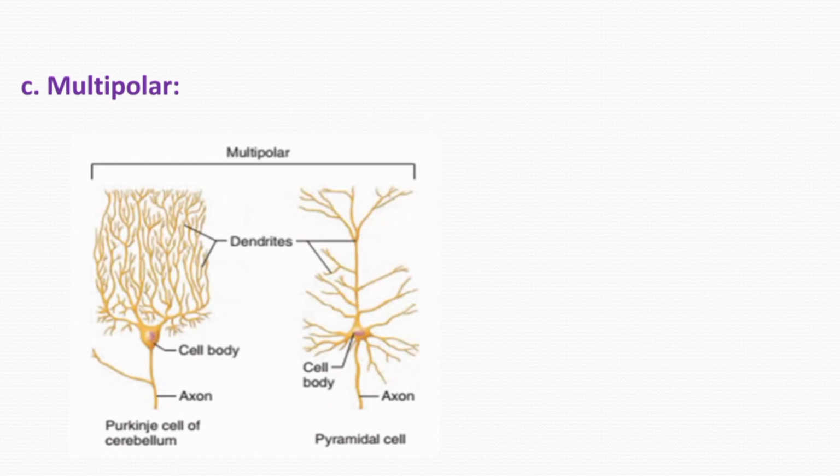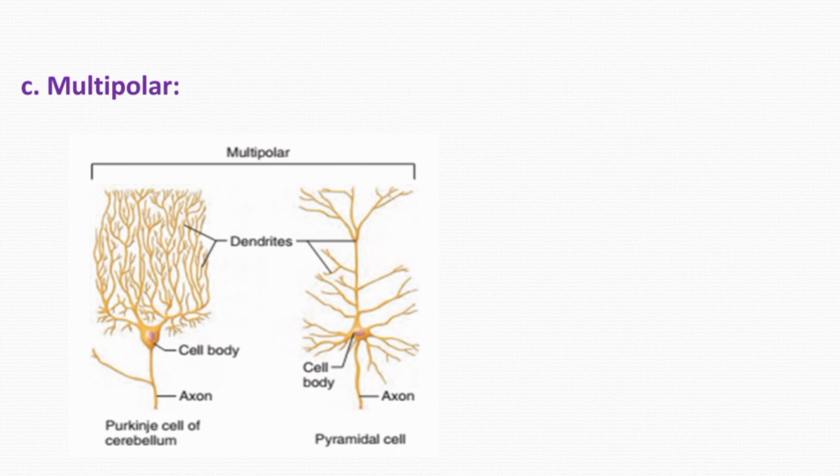Now the multipolar neurons, as the name indicates, they have multiple poles. From one pole of the cell body the axon arises, and from all the other poles dendrites arise.